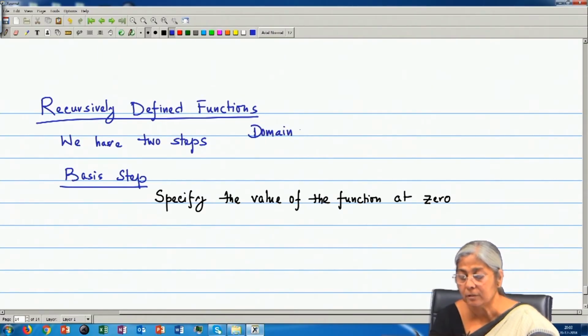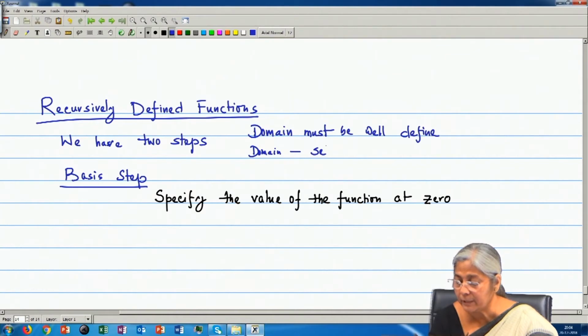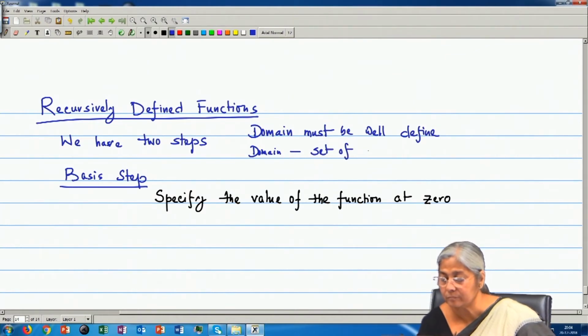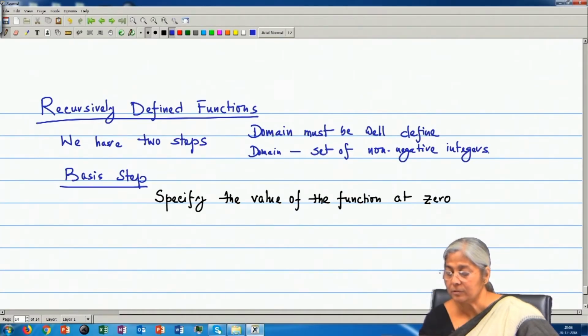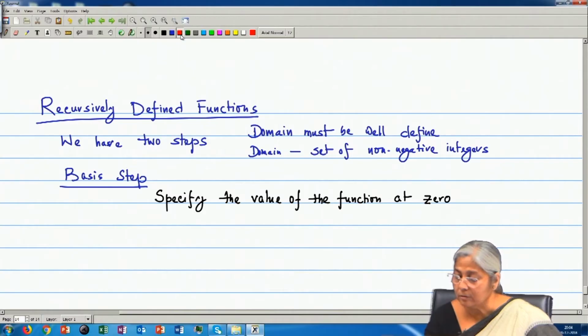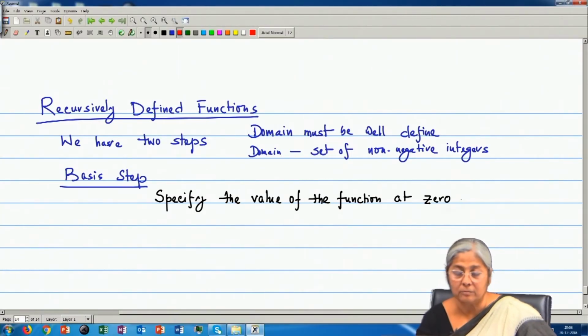Since it is a function, the domain must be well defined, and say here I am considering the domain is set of non-negative integers. So, I am considering as if at 0 I specify the value. Okay.